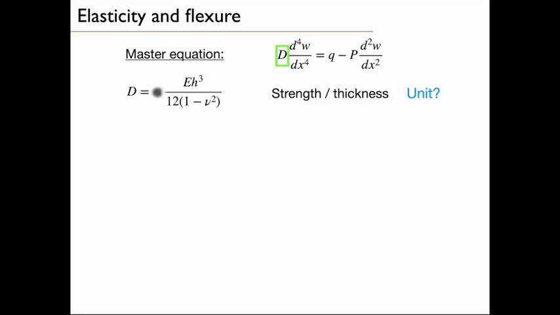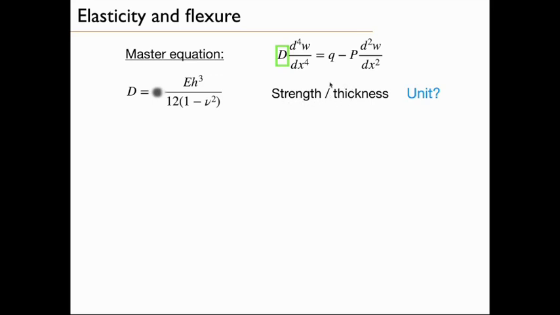So once again, the master equation looks like this, and inside there is a very important parameter, D, and D is a parameter that combines both strength, or I'd say Pascal unit, like modulus coming from the elastic matrix, E and nu, but also the thickness.